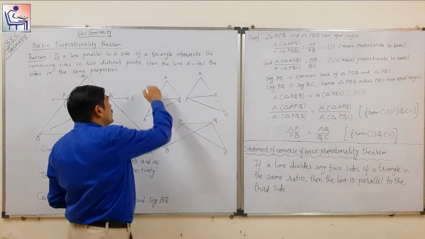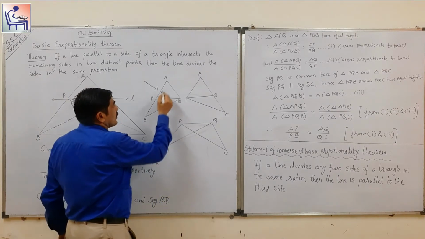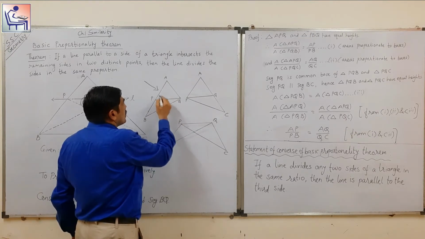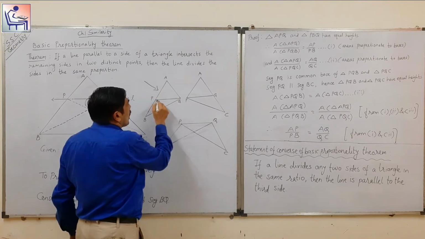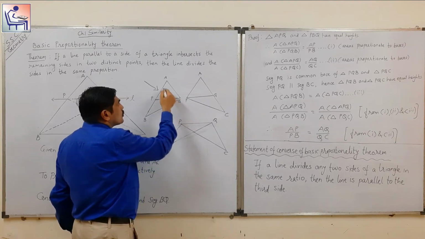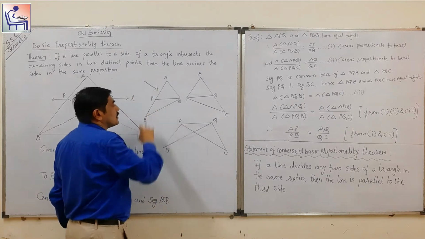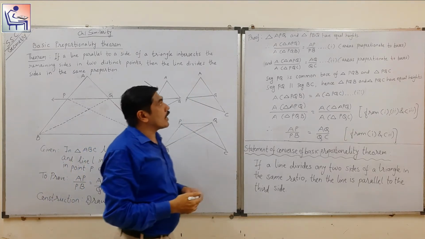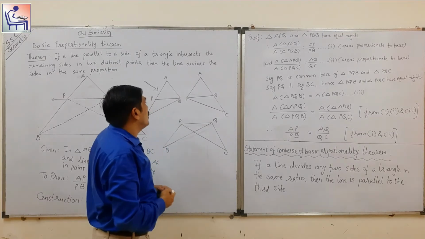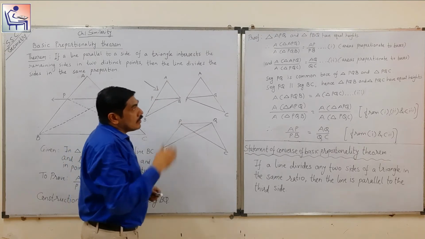In these triangles the heights are common, so their ratios depend upon their bases. So area of triangle APQ upon area of triangle PQB is equal to AP upon PB.